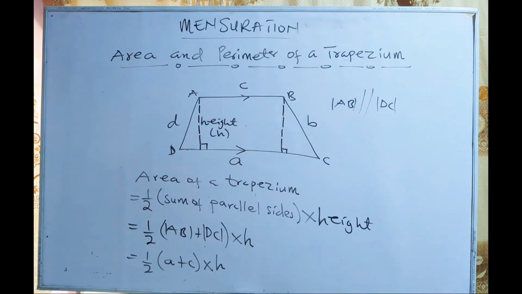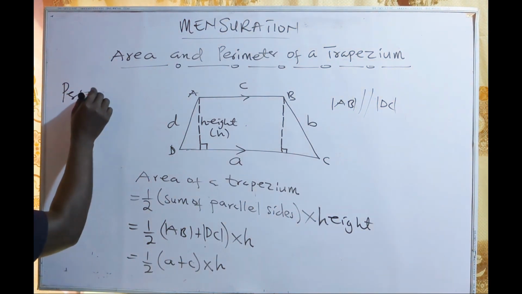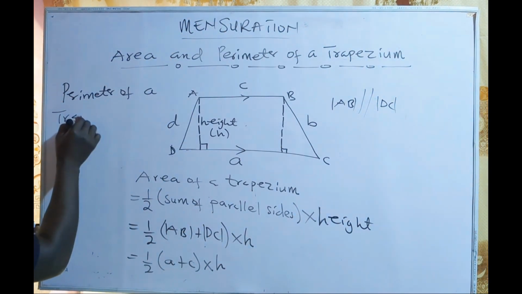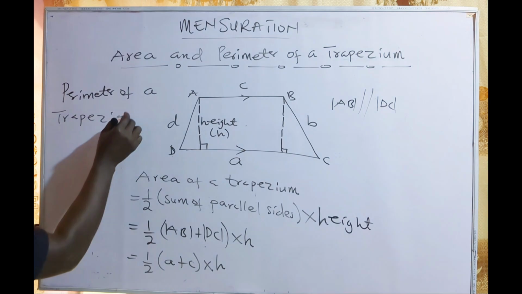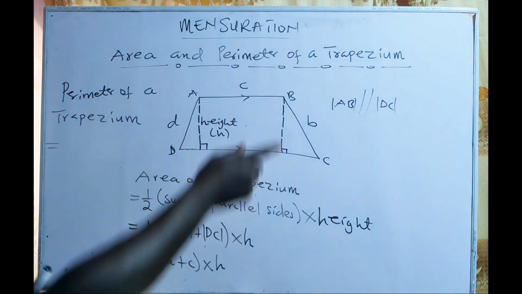Okay, area. Let's look at the perimeter. So perimeter of a trapezium. What is perimeter? The sum of the distances around the figure.